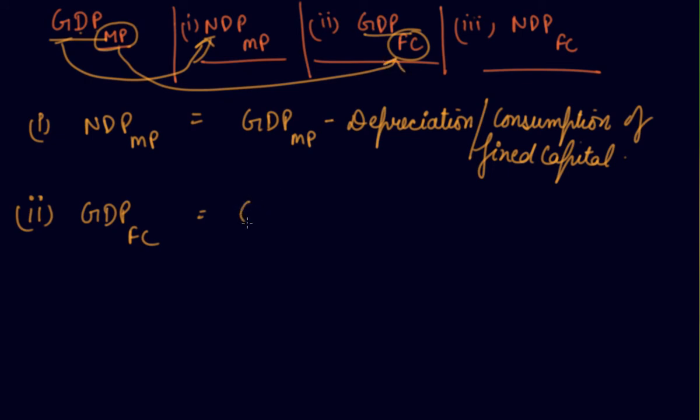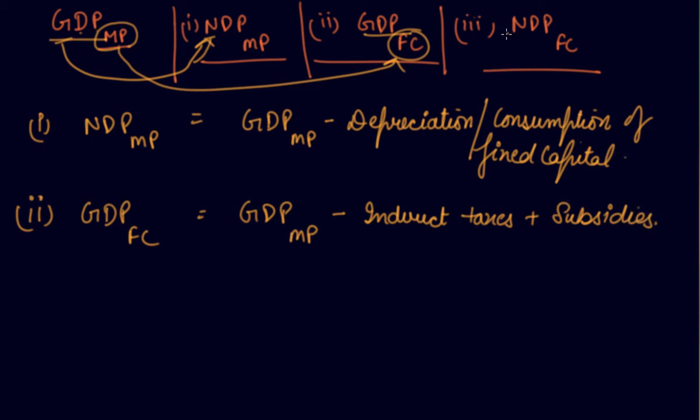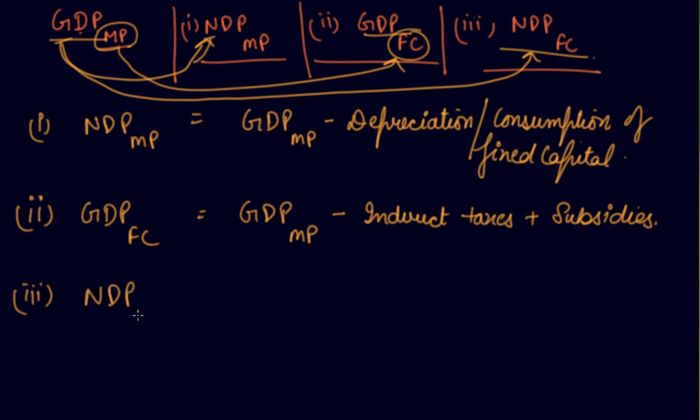What you do, you deduct from market price, you deduct indirect taxes and add subsidies, right? Now from GDP at MP, you have to make GDP at FC.